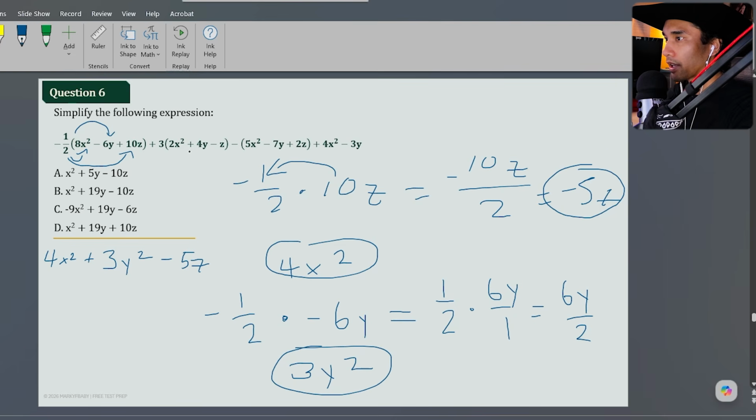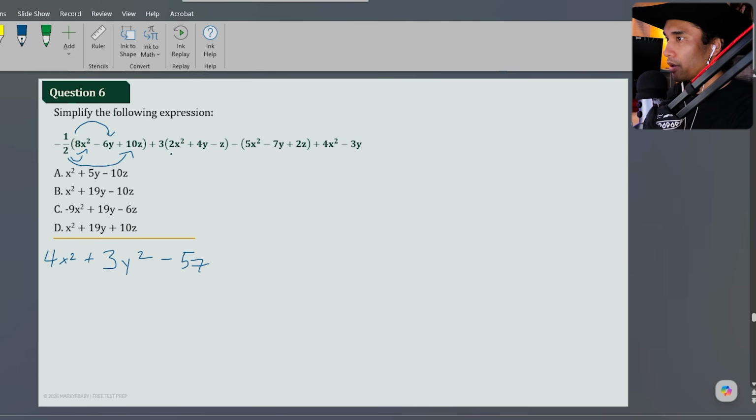Okay, now let's work on this one over here. So 3 times 2x squared. Let's just go over that quickly. And let's see if I could just do it right here. 6x squared and 3 times 4y, and that equals, wait a minute, there's no squared here. Hold on, negative 1/2 times negative 6y, that equals just 3y.